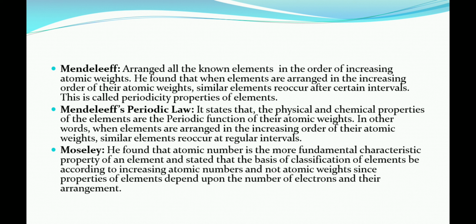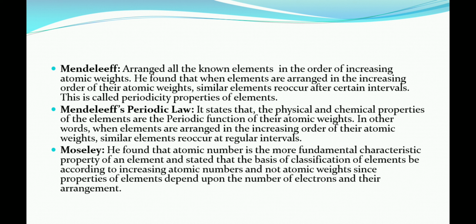Mendeleev's periodic law states that the physical and chemical properties of the elements are the periodic functions of their atomic weights. In other words, when elements are arranged in the increasing order of their atomic weights, similar elements reoccur at regular intervals.